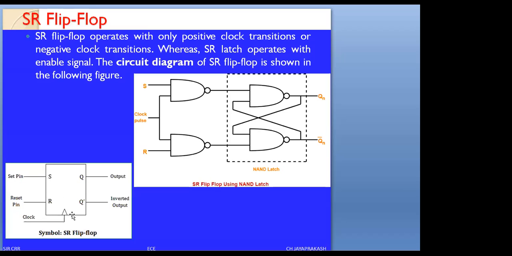We don't have the bubble, therefore this is called positive edge triggering. By seeing the block diagram, we have to understand what type of triggering the circuit works on. Here the circuit is working for positive edge triggering.